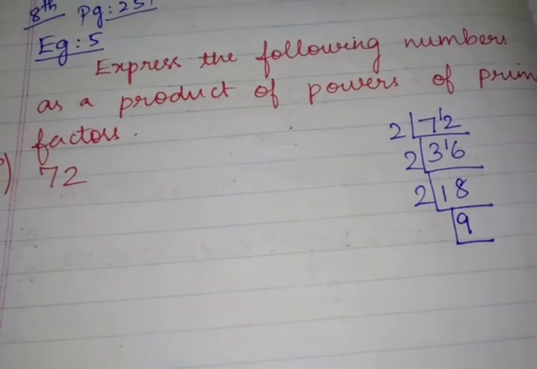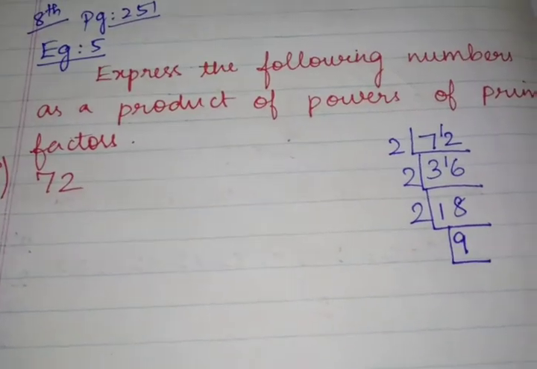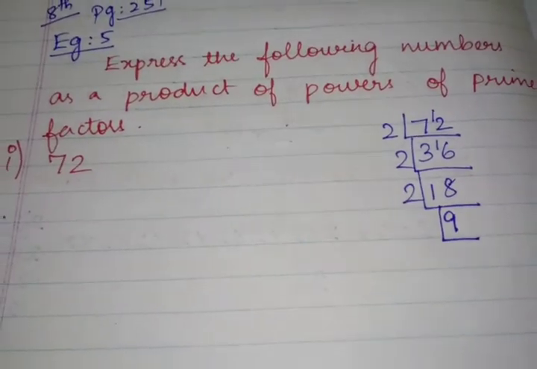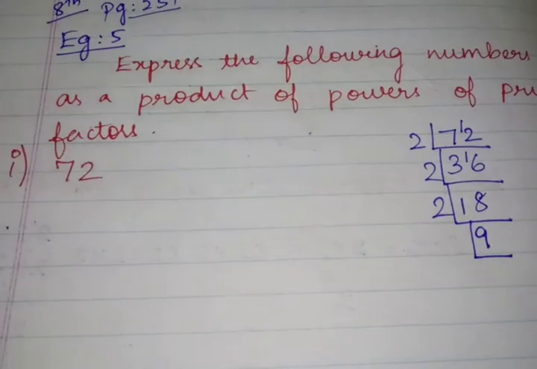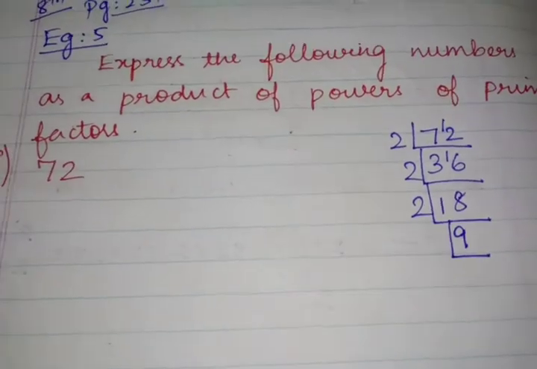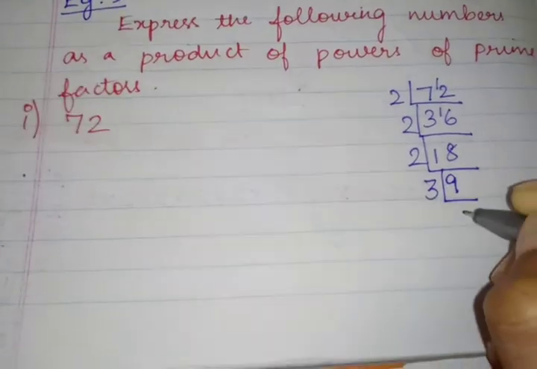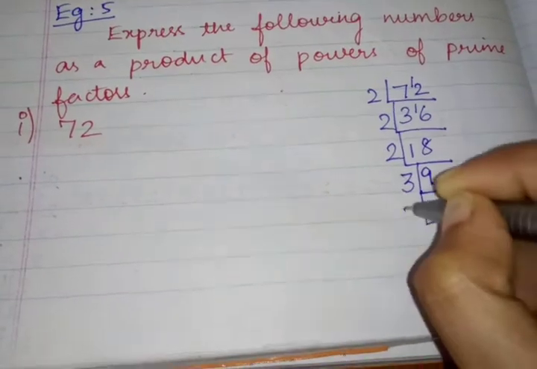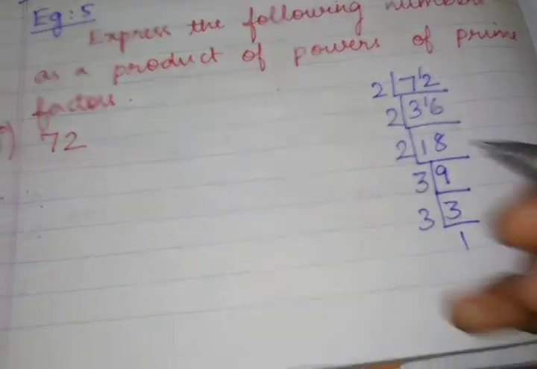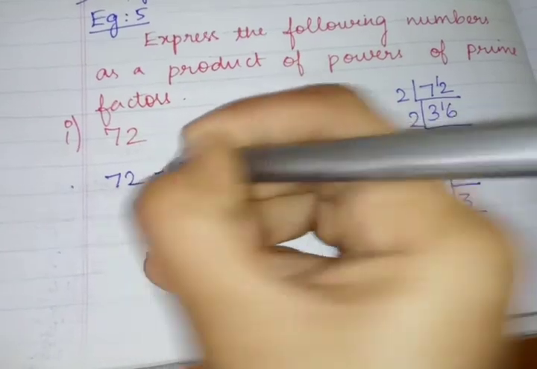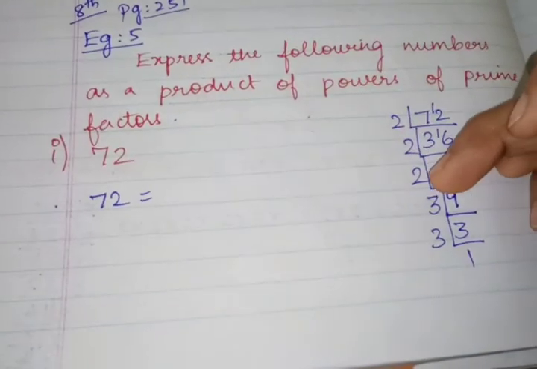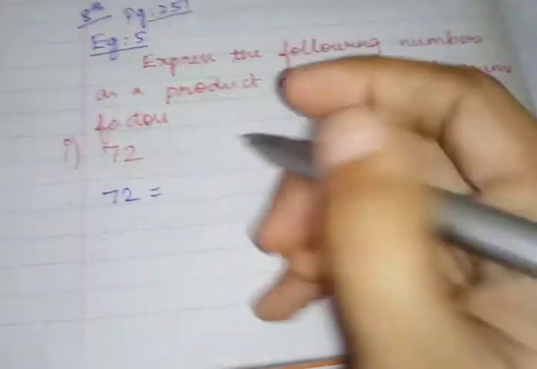No. So what will you do? You will go to the next table. What is the next prime factor? 3. Yes, obviously 9 comes in the third table. 3 3s are 9. Then 3 1s are 3. So how will you write 72? As 2 into 2 into 2 into 3 into 3.